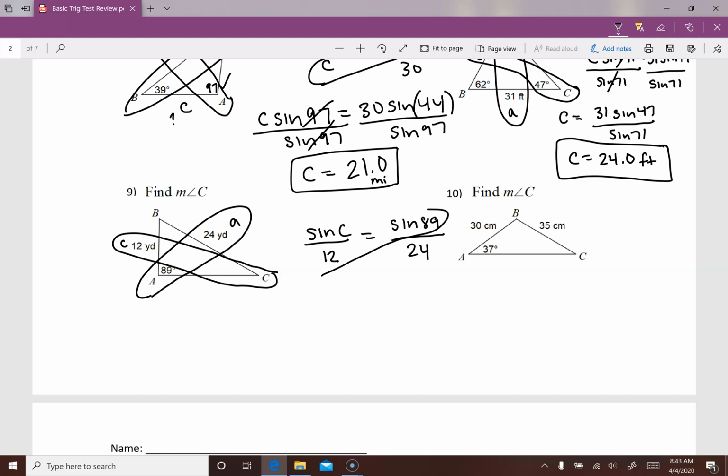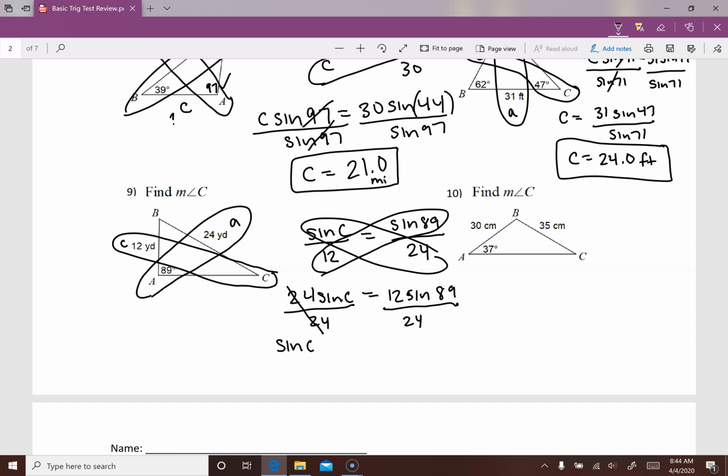So I'm going to multiply this through, and I get 24 sine C is equal to 12 sine of 89. Now divide by 24. And I get that my sine of C is equal to 12 sine of 89 divided by 24.